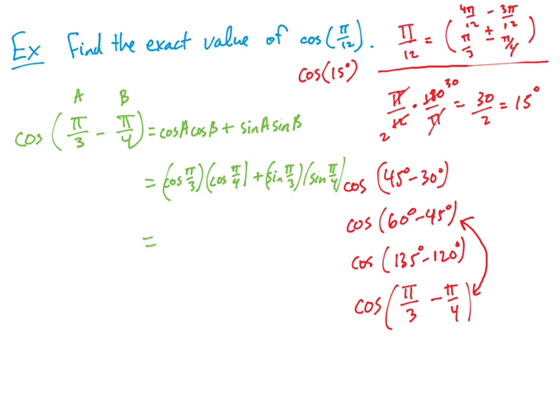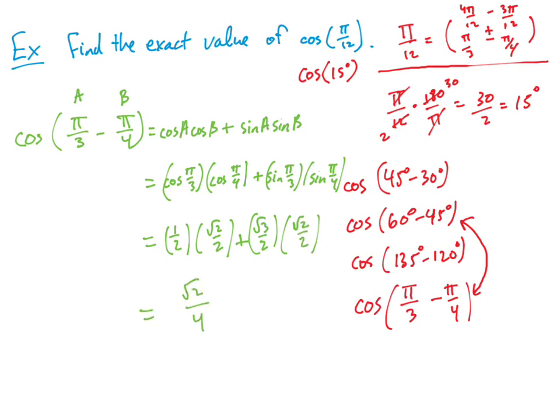Multiplying these out, or rather evaluating each of these, cosine of pi over 3 is 1/2, cosine of pi over 4 is root 2 over 2, plus sine of pi over 3 is root 3 over 2, and then sine of pi over 4 is root 2 over 2.